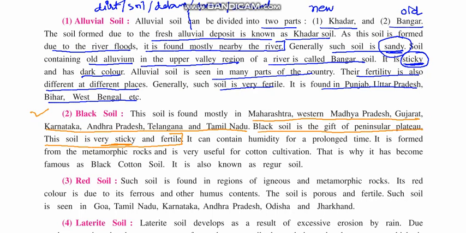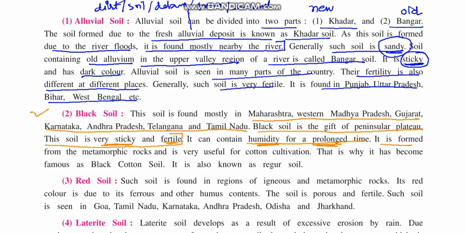It contains humidity for a prolonged time. Whenever there are rains, it is very sticky. But after the rains are over, it dries on the upper layer, but when you dig, you can find that it is still wet inside, and that's why it can remain wet for a very long time.